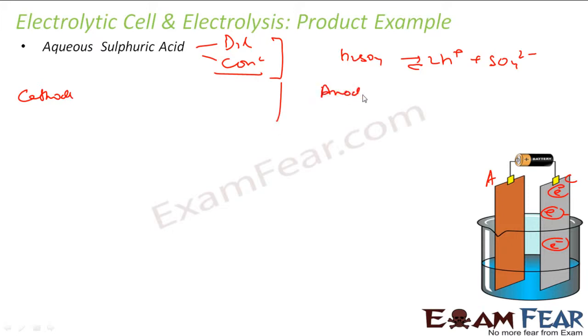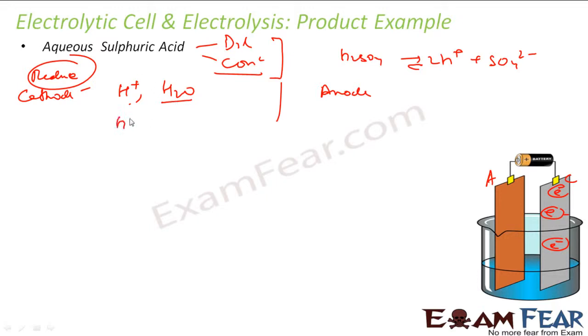First let's see the cathode. At the cathode I have reduction. So what are the potential candidates for reduction? H plus can reduce, so H plus is one candidate, and water is another candidate for reduction. Both are the same actually, right? Whether H plus is getting reduced or water, in both cases you'll get hydrogen gas.